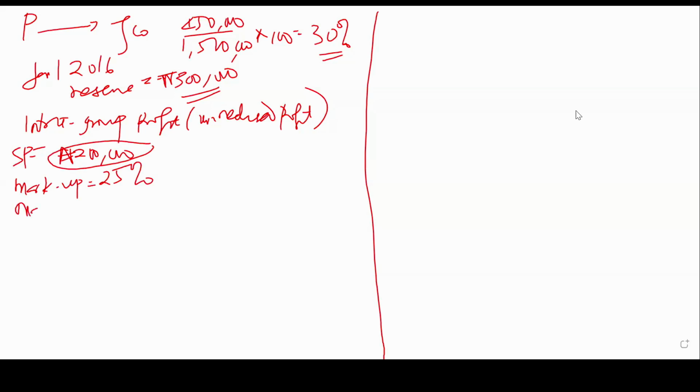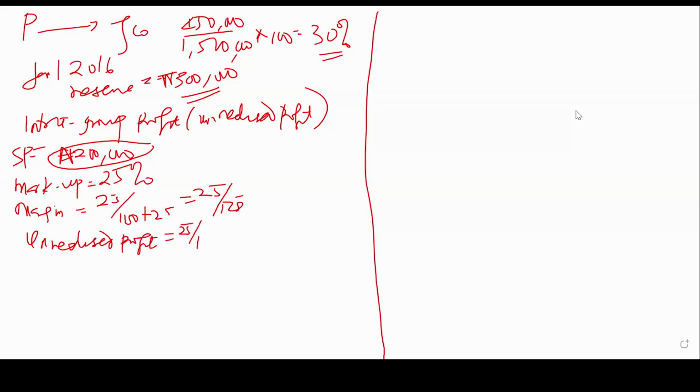So my margin will be equal to 25 all over 100 plus 25, which is 25 over 125. Now, the unrealized profit here will be equal to 25 over 125 multiplied by 200,000. This is 1 over 5, so this will be 40,000.